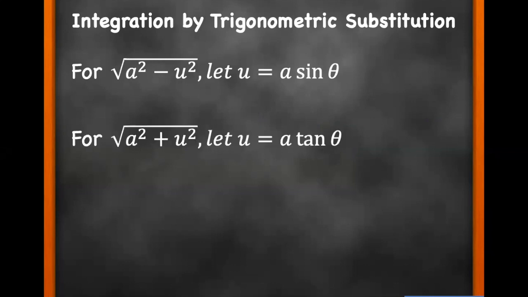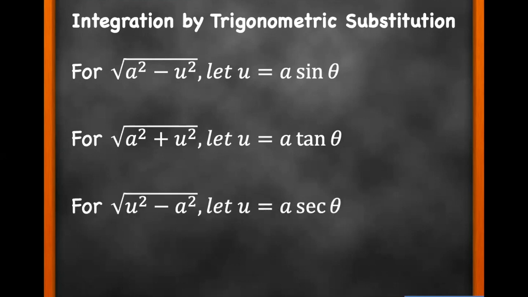Now the next form is the square root of a squared plus u squared. We replace u with a tangent theta. And the reason for this is that 1 plus tangent squared is equal to secant squared.